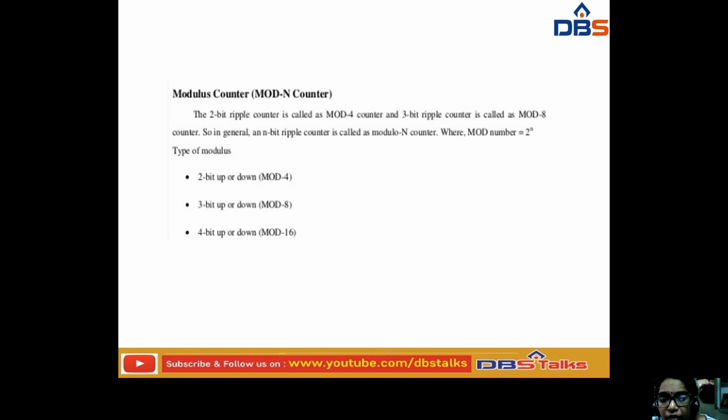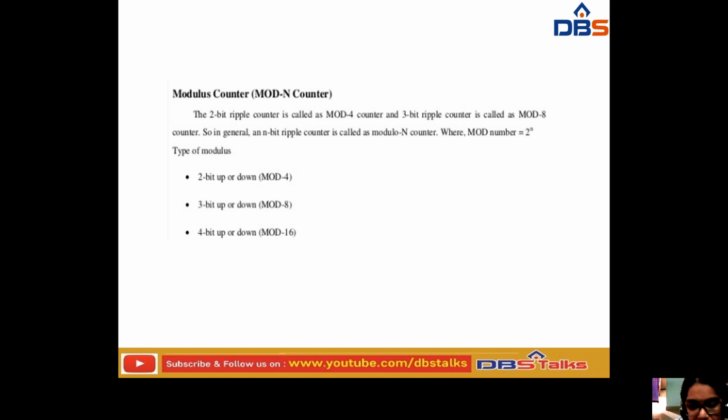Here we have three types of modulus: 2-bit up or down, that is 2 power 2, that is 4, mod 4. 3-bit up or down means 2 power 3, that is 8, modulus 8. And the next one, 4-bit up or down, is 2 power 4, that is 16. These are the modulus operations that we operate on this particular modulus counter.